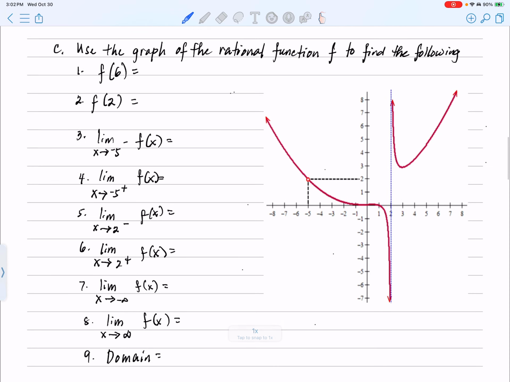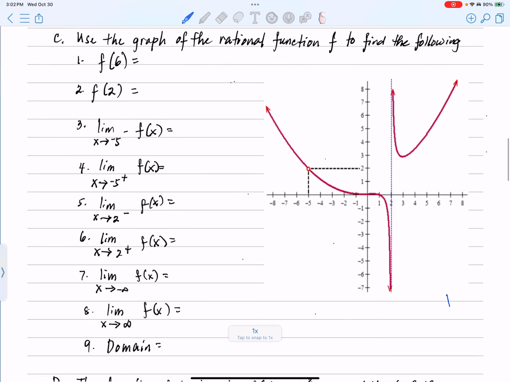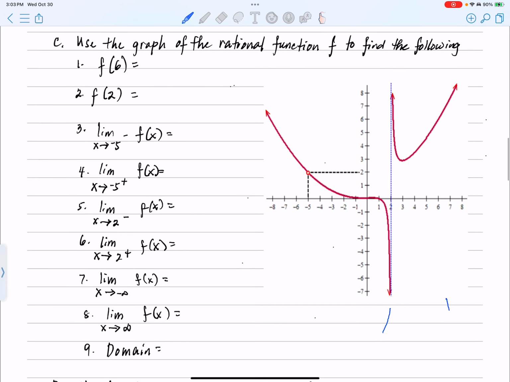All right, use the graph of the rational function f for the following. We are given a graph. The graph is at the right side. Right here. I have to bring this up. F of 6. That means the input is 6.